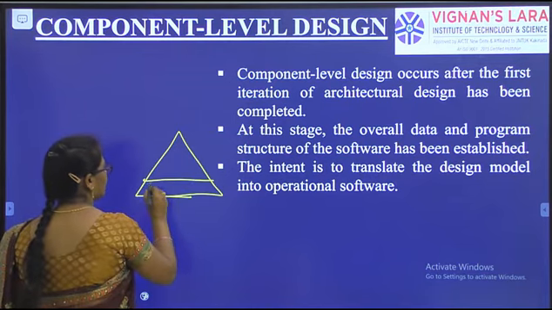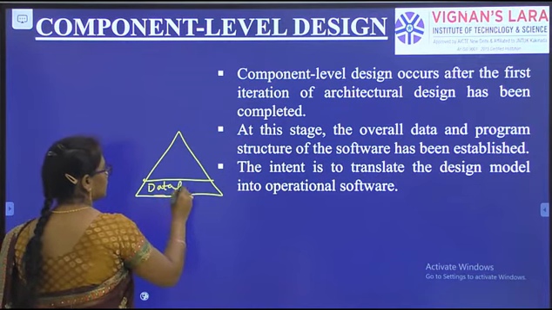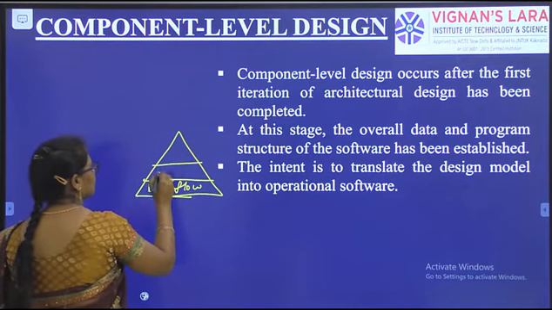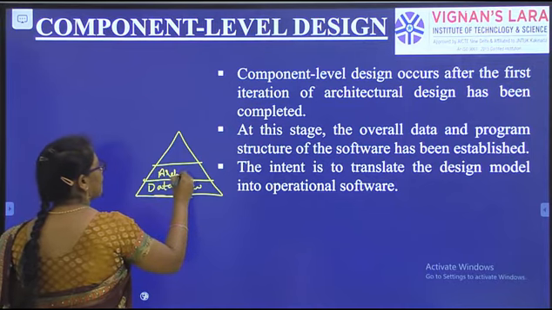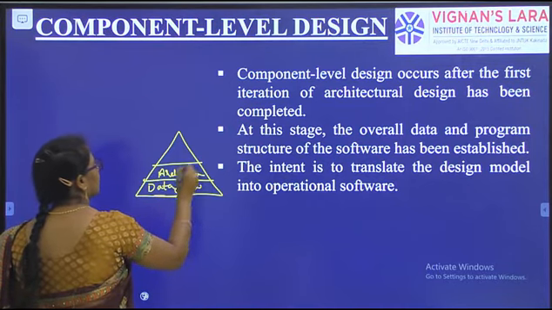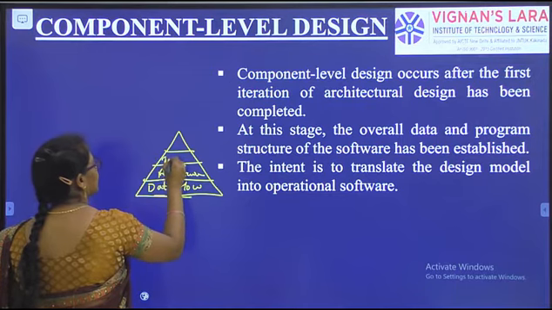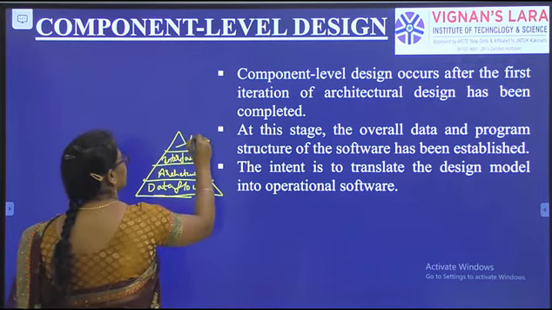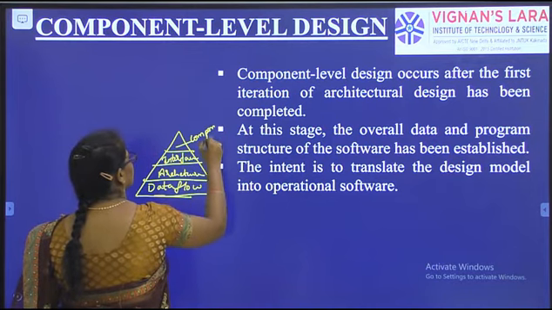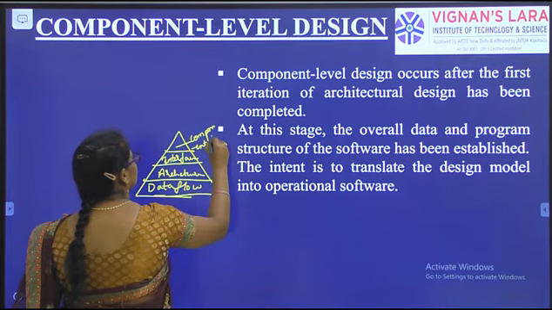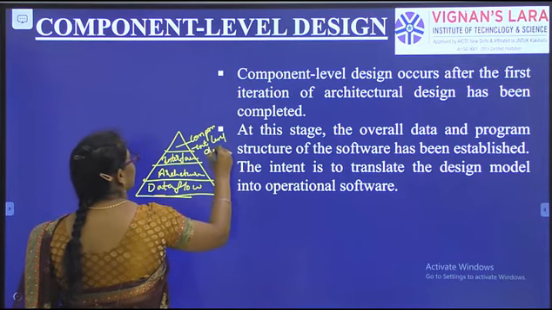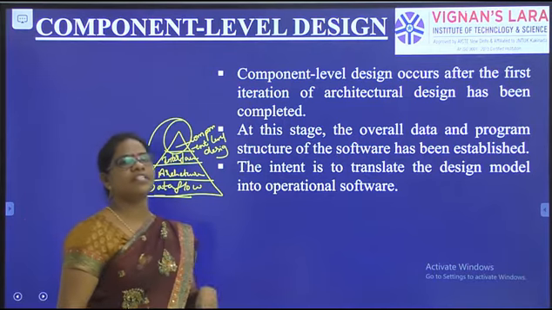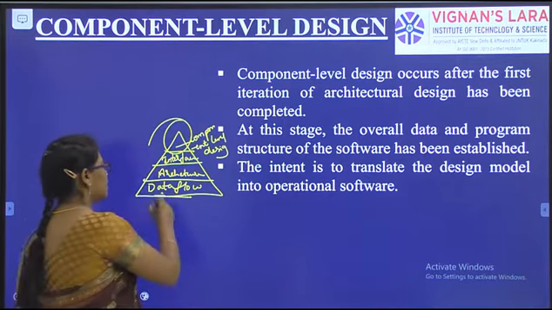First we have the data flow, secondly the architecture design, thirdly the interface design, and fourthly the component level design. So now we are at this step. Data flow is in the requirement analysis.